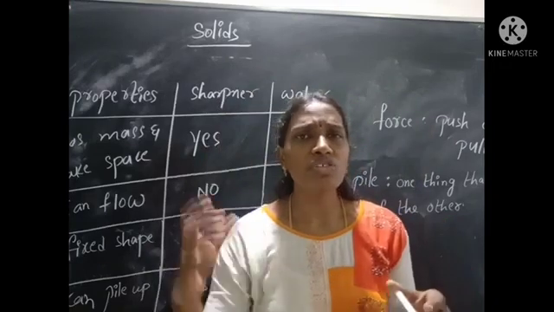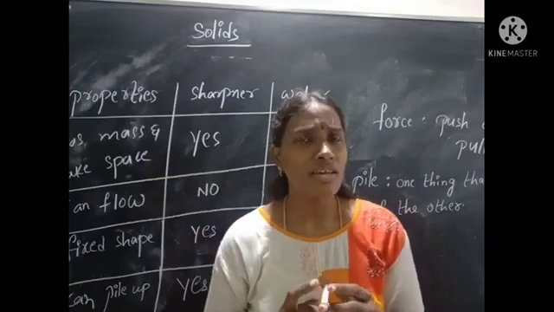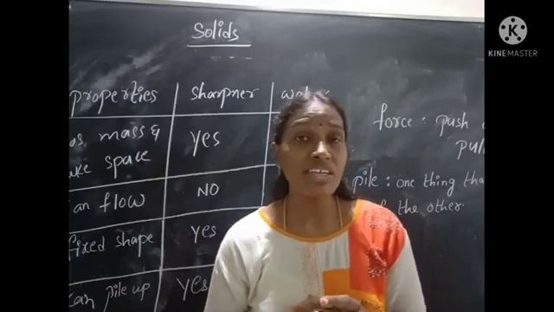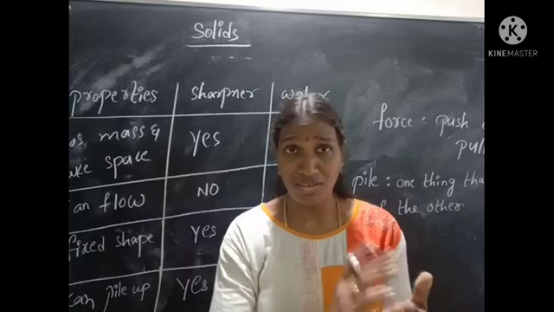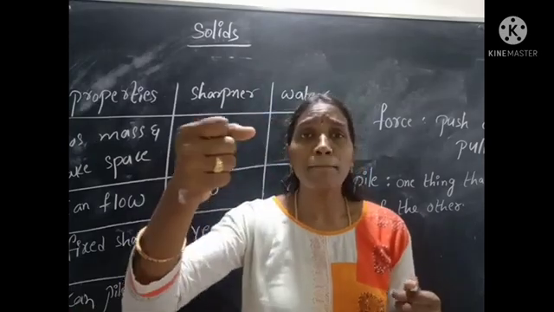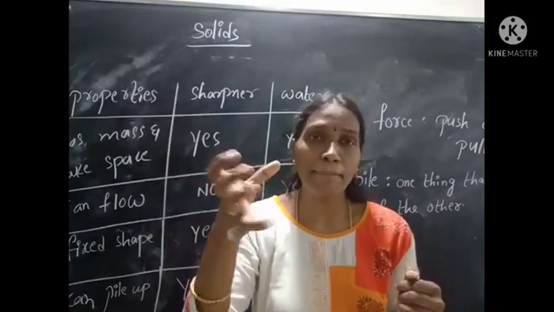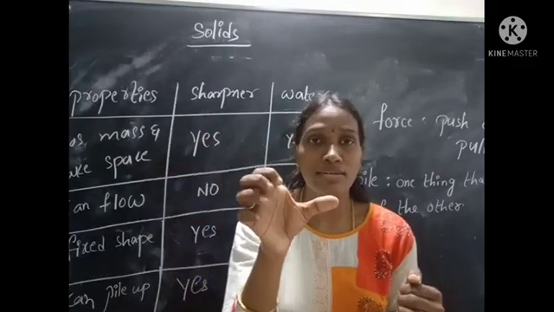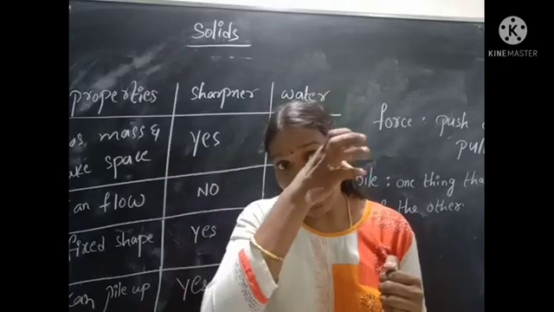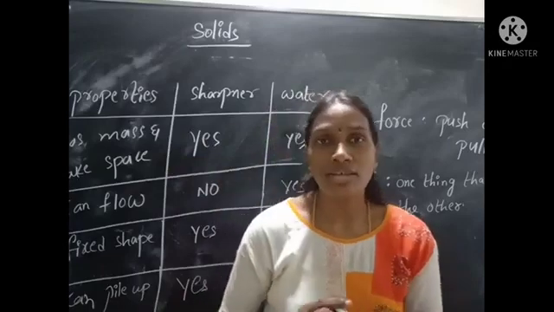Is it possible to change the shape of the sponge? Yes, we can change the shape of the sponge by compressing it, by pressing it. When we squeeze that sponge, what will happen? It will become smaller, right? It will become very small.